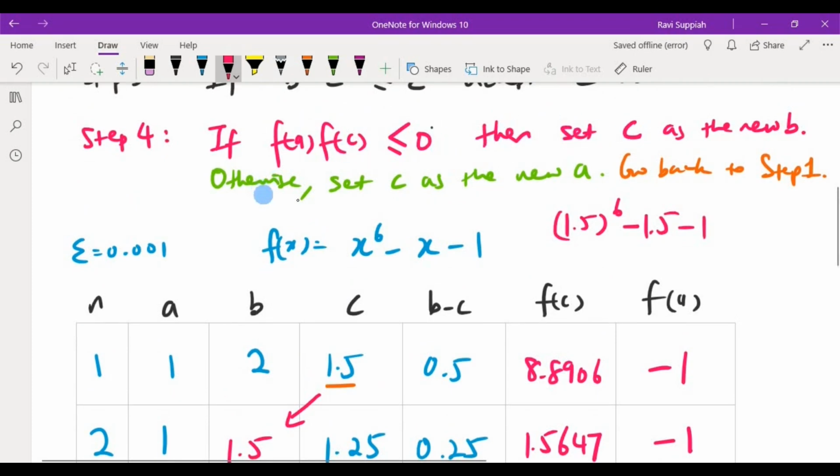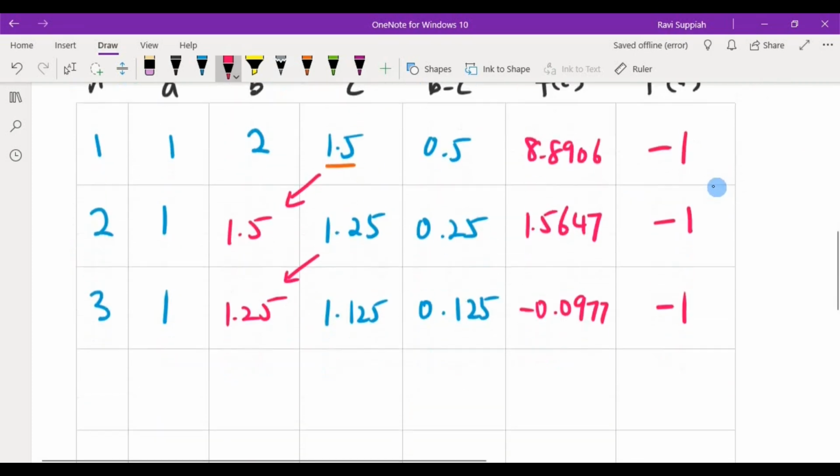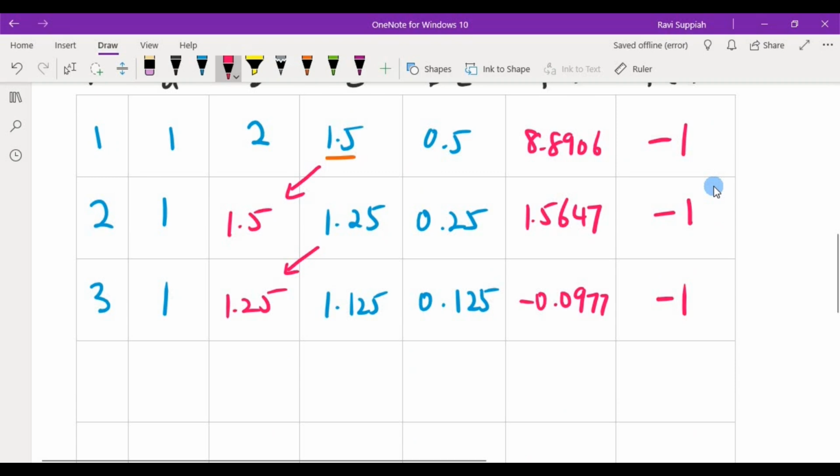So otherwise, I come to the second condition, which is to set C as the new A. So the C will now transition to be the new A. So I get 1.125 over here. So this is the fourth iteration. And so the A has now changed, but the B will now remain as the previous value, which is 1.25.